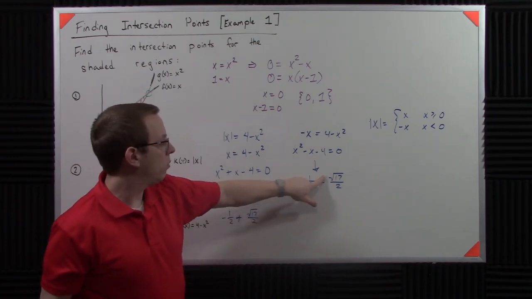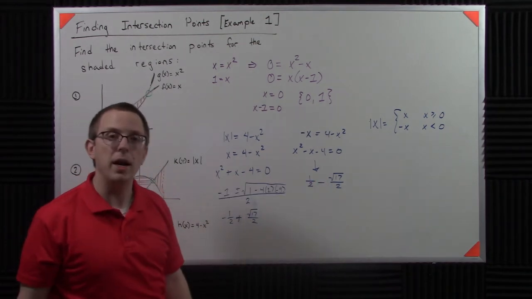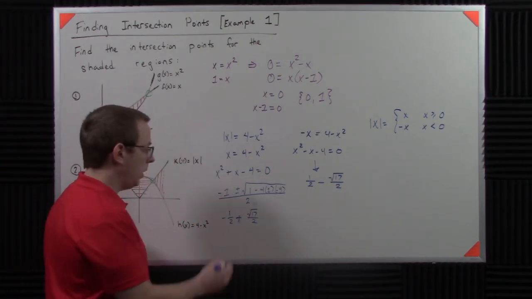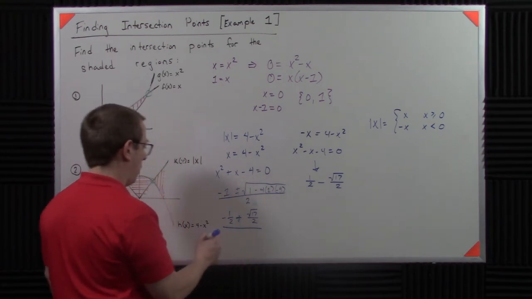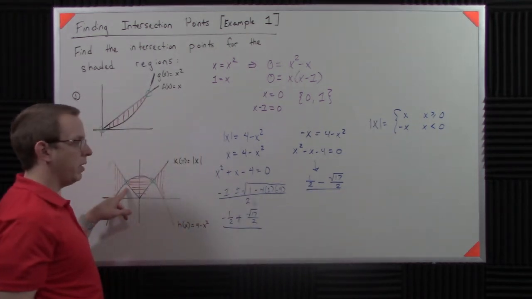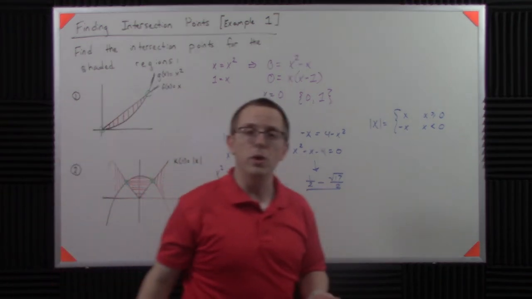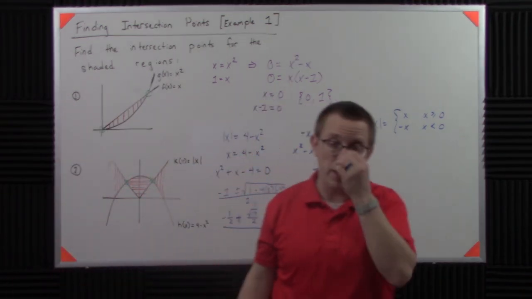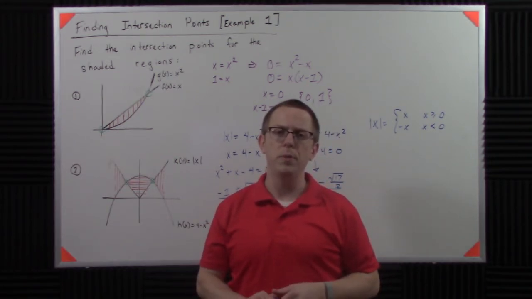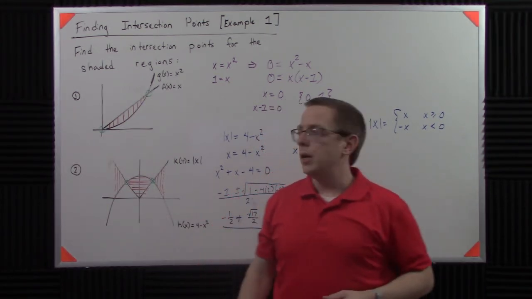So we actually take 1/2 minus square root of 17 over 2. So this is our intersection point here. This is our intersection point there. And those are our two intersection points. So it's kind of nasty, right? That's not a really ideal situation that you want to have.